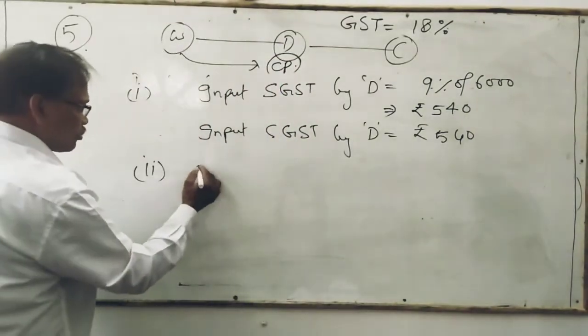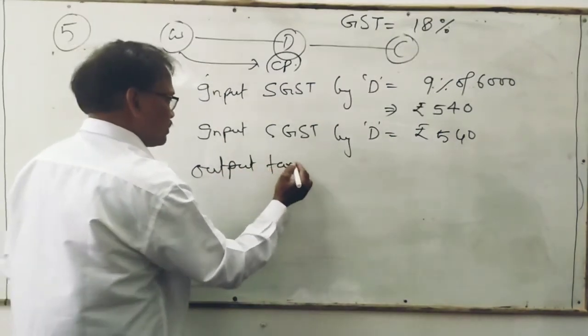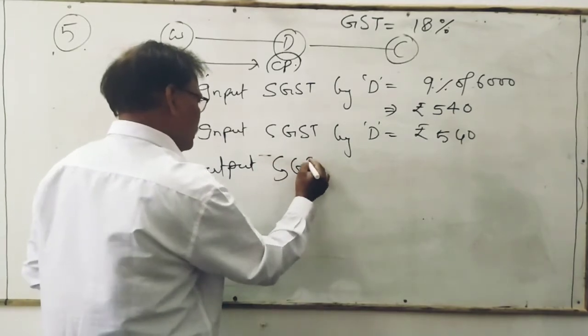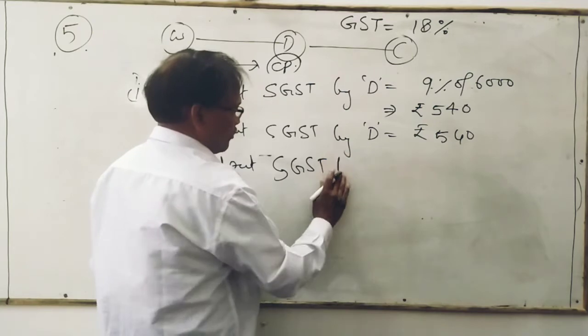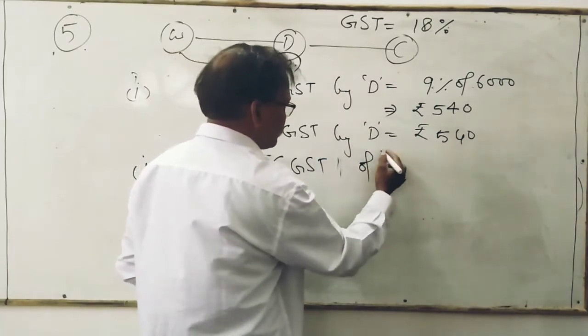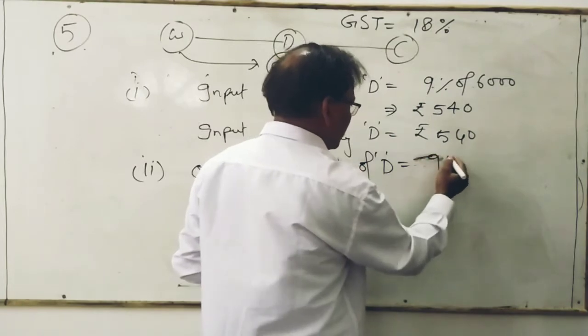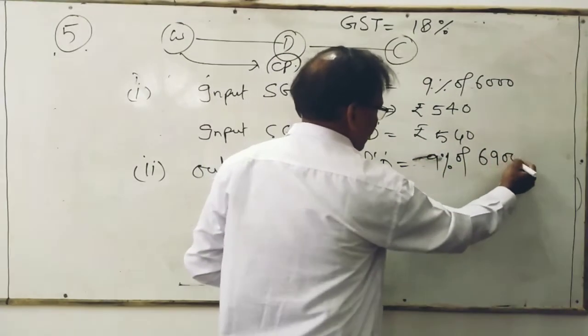तो output tax, output you can say the SGST of dealer is equal to 9% of SP. What is the selling price? 6,900.